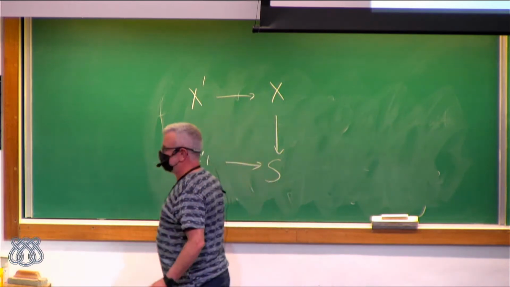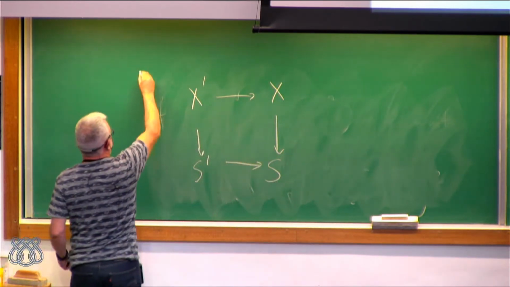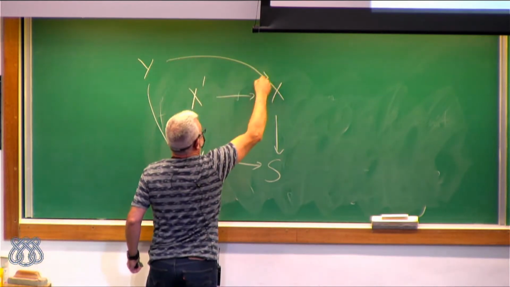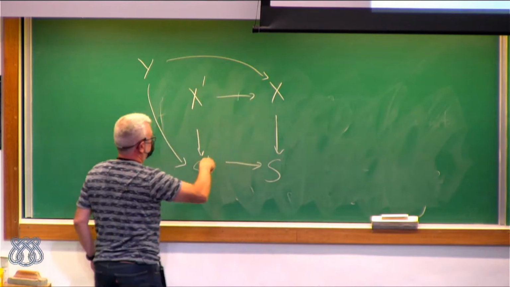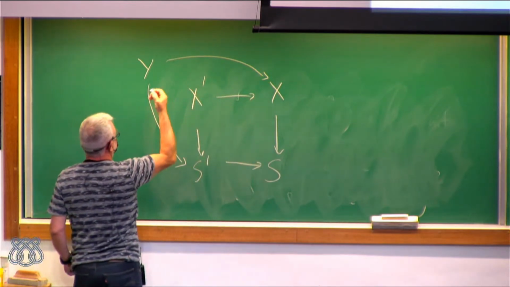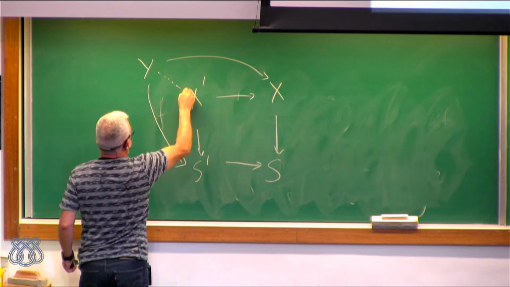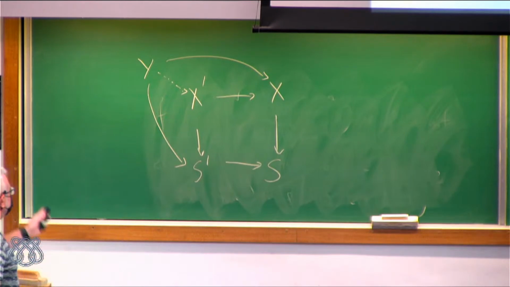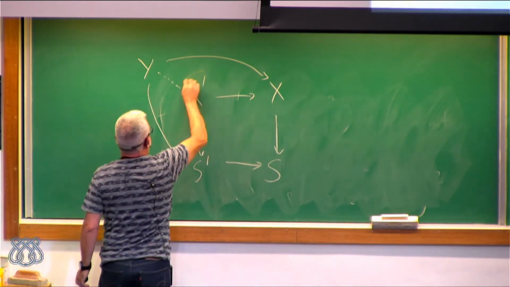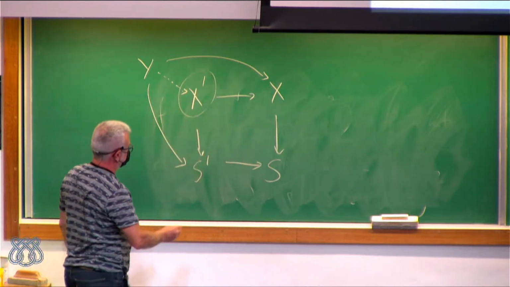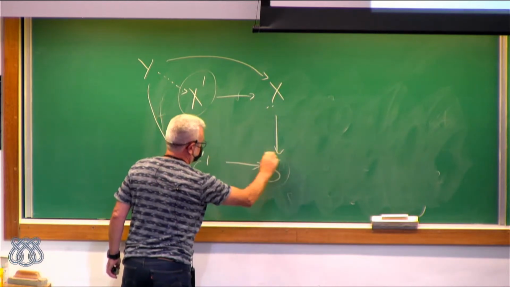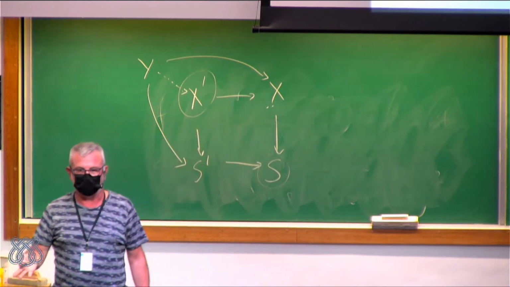Cartesian means that this is commutative, and if you have any other space and mappings here which make the diagram commutative, then there is a unique mapping here also which makes the diagram commutative. An equivalent way to see this is that this space X′ is the fiber product of these two over this one. This is an equivalent notion.